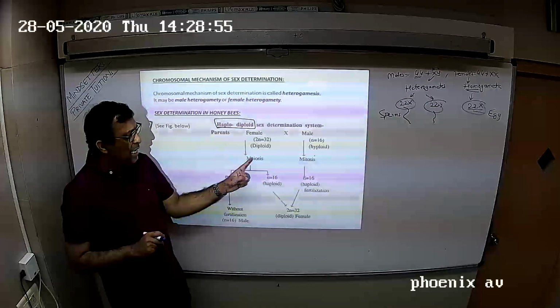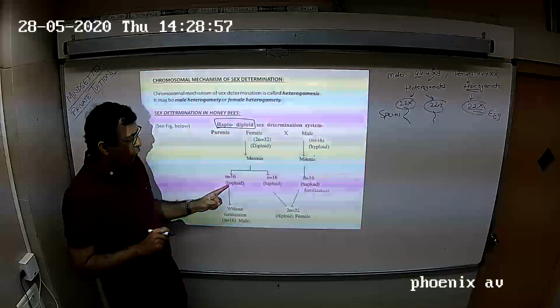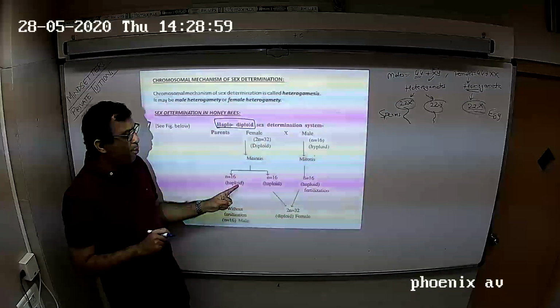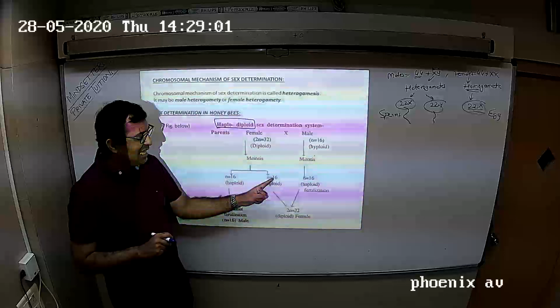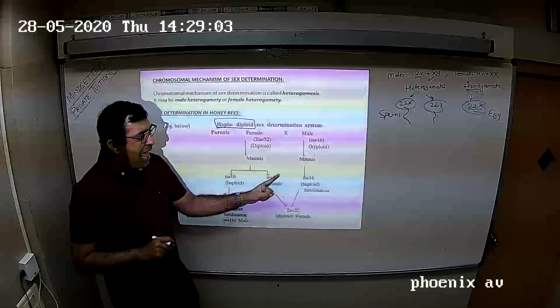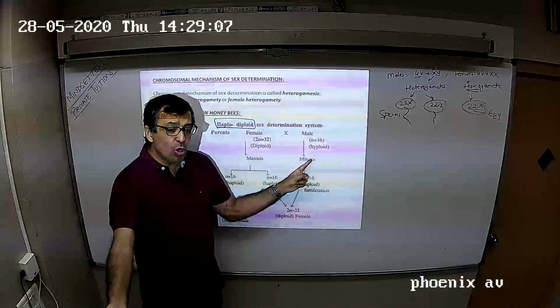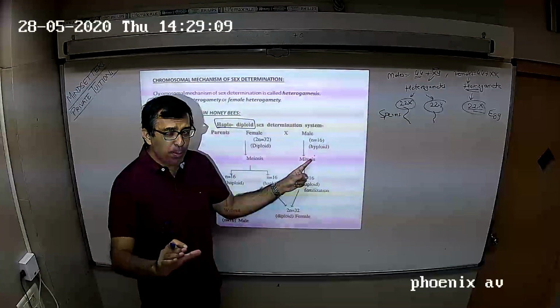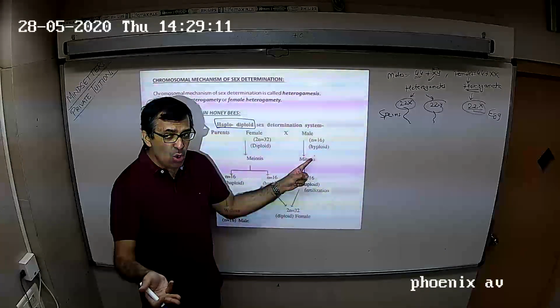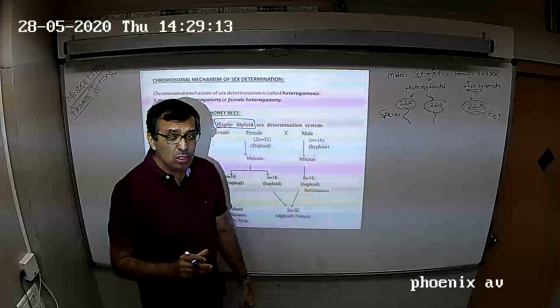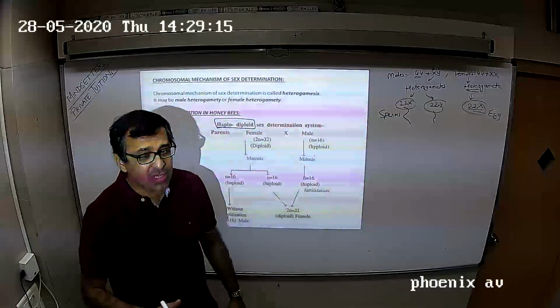And females undergo meiosis to form N16 haploid eggs. And males are already haploid, so when they undergo spermatogenesis, sperms are not produced by meiosis, sperms are produced by mitosis.